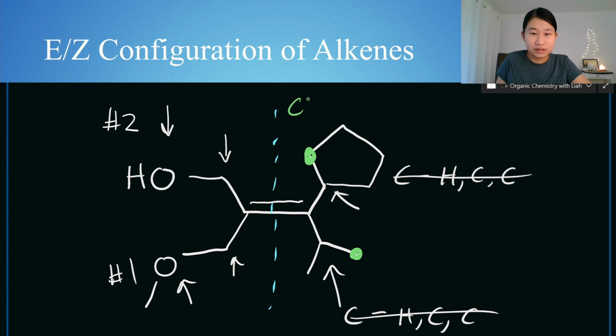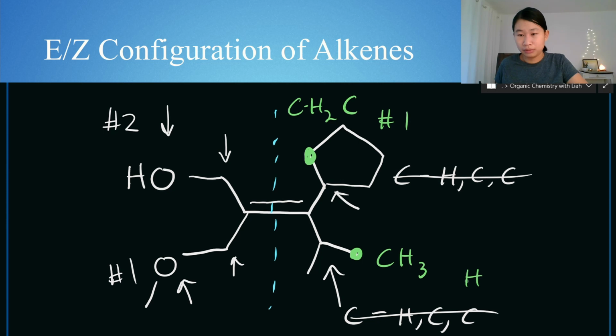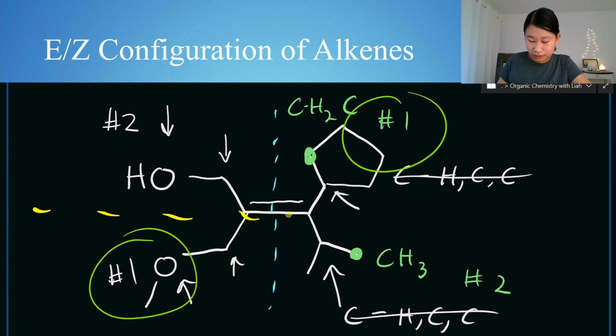Now we're comparing a CH2C, all right? And down here, we're comparing a CH3. Okay, so up here is going to be winning, that'll be priority number 1, and down here will be priority number 2. We will circle priority number 1 groups, and we will see that they lie on opposite sides of the double bond, and so this will be an E alkene.